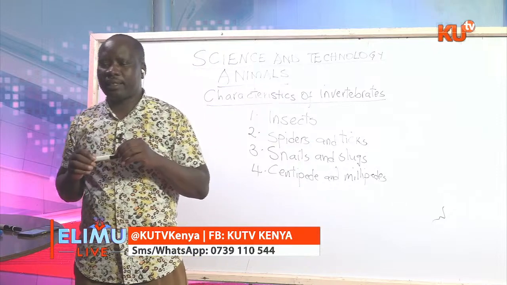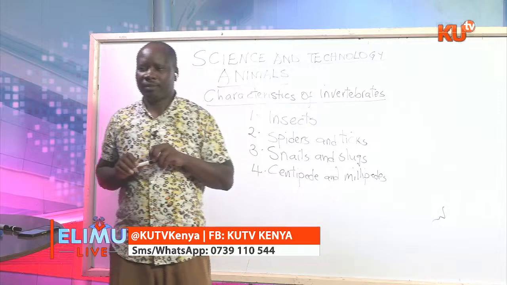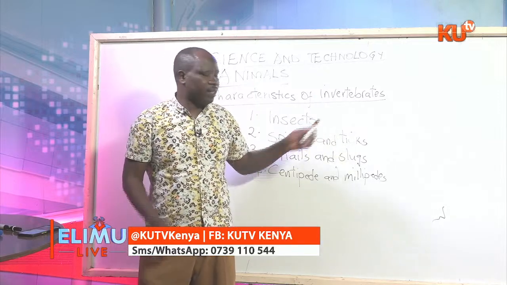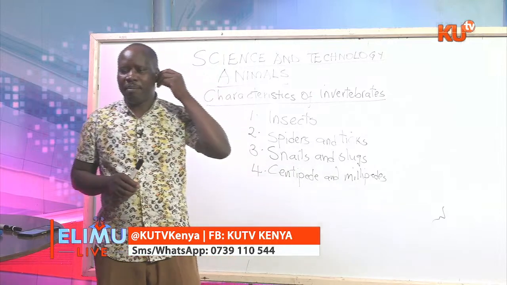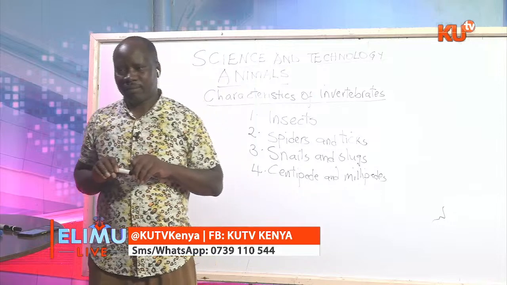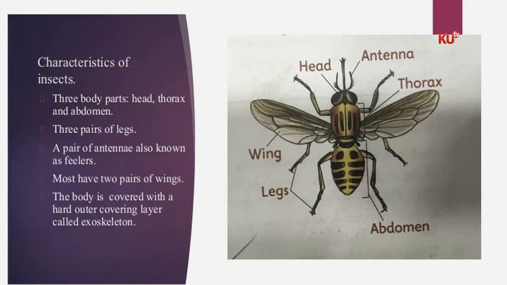Their characteristics are very simple. Number one, any animal that falls under the category of insects must have 3 pairs of legs. And 3 pairs of legs, the word pair means 2. So 3 pairs of legs means they have a total of 6 legs.